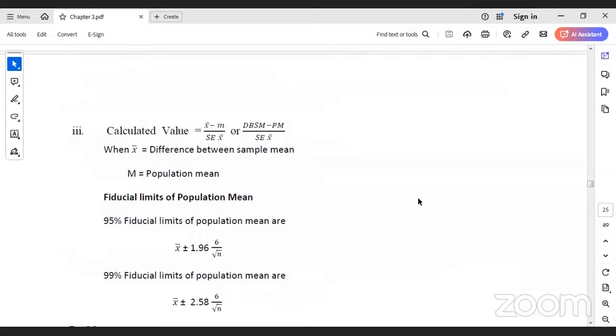Then in addition to that, in the second method we did limits for proportion of success in attributes. In the same manner, here we need to find out the limits also. 95% fiducial limits of population mean are X bar plus or minus 1.96 standard deviation divided by under root n.